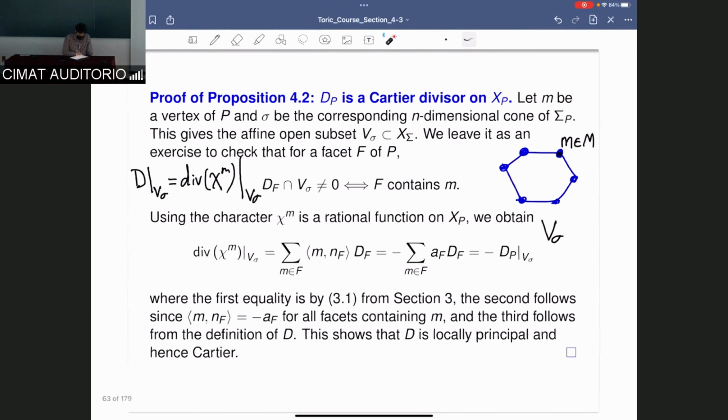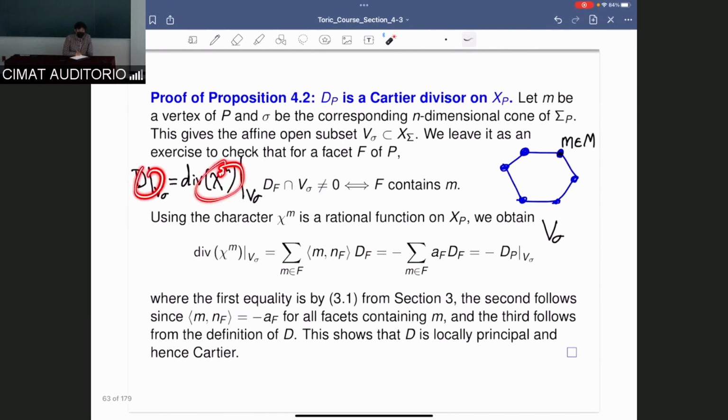And you will say, okay, is this equality hard to check? Actually not, it is built to make this happen. If the definition seemed weird at first, it's chosen to make this happen. And one just does the computation, the divisor was created so that this exact thing happens. So that when you look over the patch, it's like doing the div of chi to the vertices.